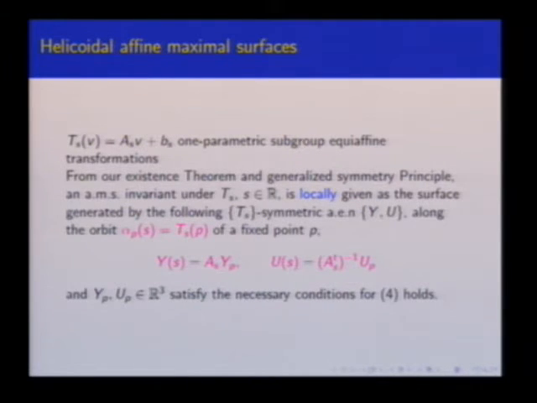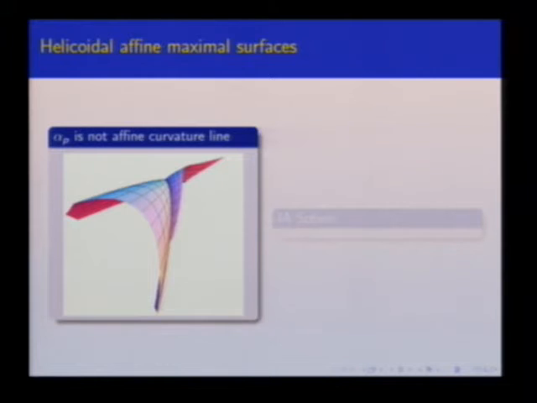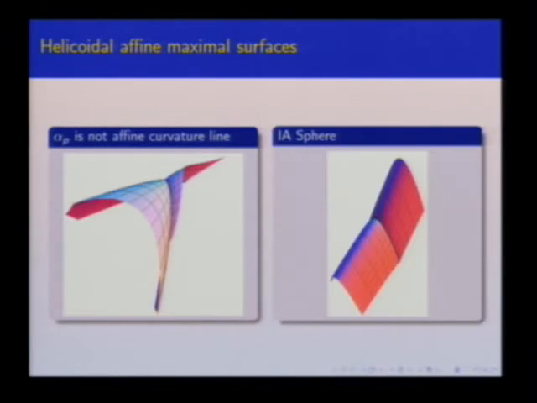So in that way, we can obtain all the helicoidal affine maximal surfaces, and some pictures of them are the following. Here, the curve alpha is not an affine curvature line. Here we have another example with all the affine normal lines parallel.